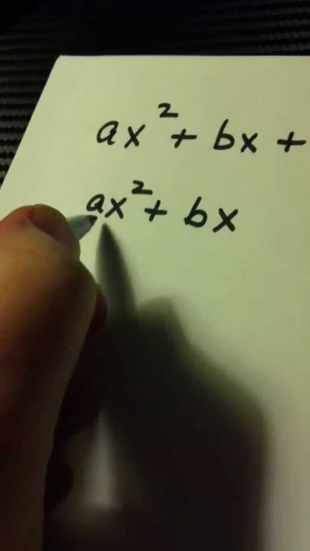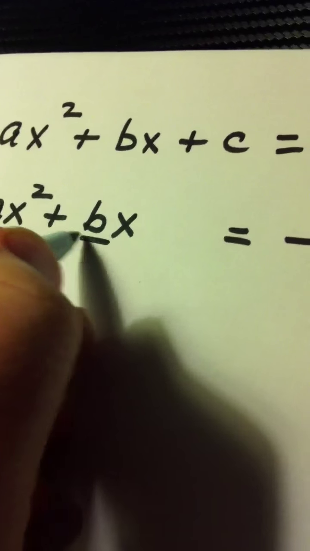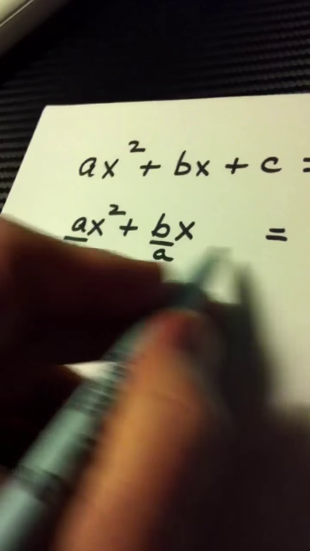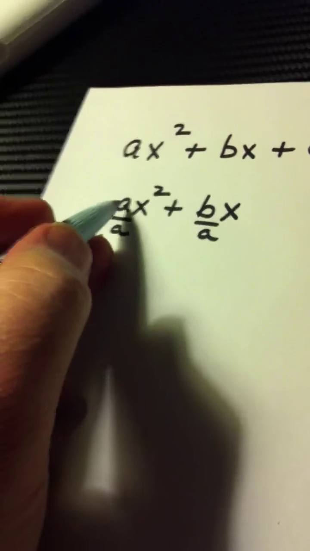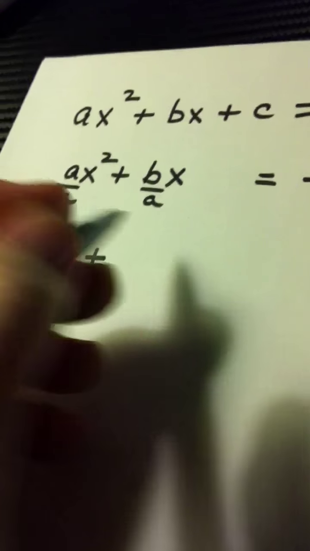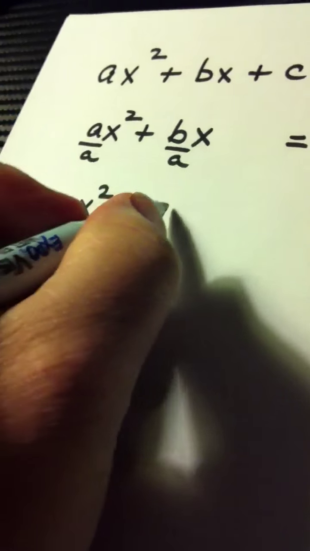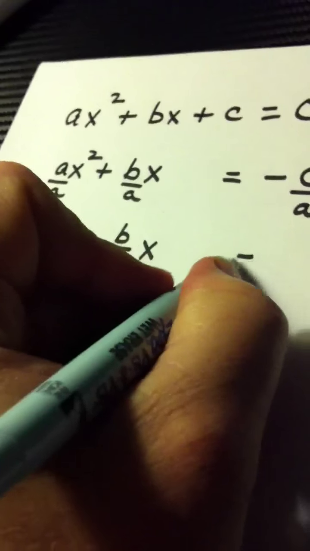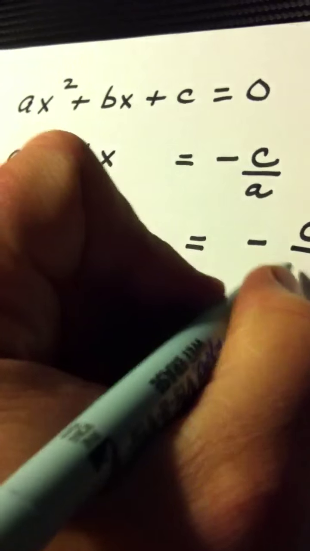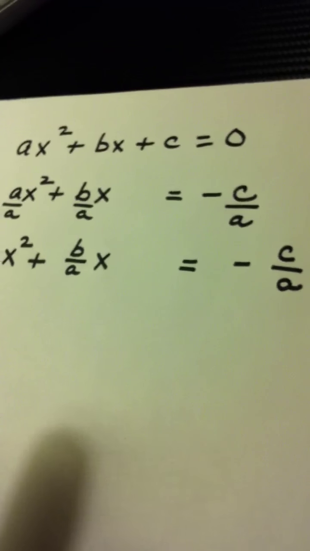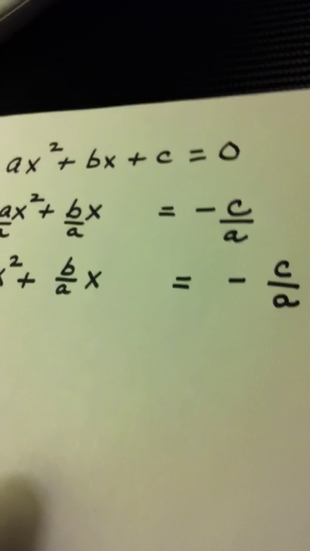So, if I divide everything through by a, and remember this is an equation, what I do to one side I do to the other, this leading coefficient becomes a 1, so that's x squared. The coefficient in front of the x is the number b over a, and this is equal to the opposite of c over a. Okay, now this is where I'm going to stop the first video.